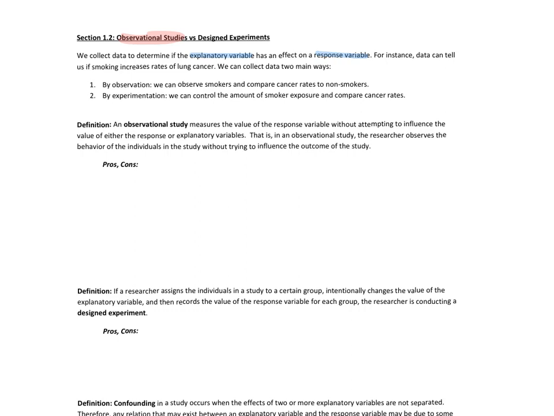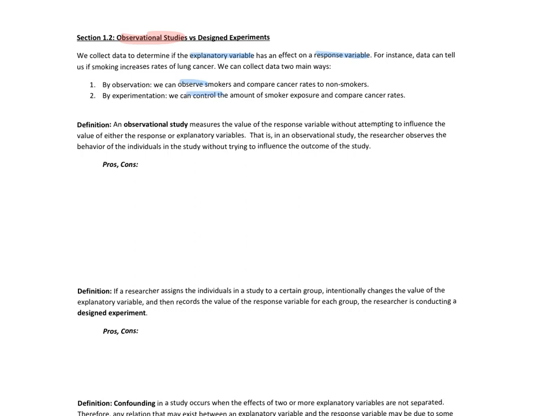And we can collect data in two ways. Observational studies, where we just observe smokers and compare cancer rates maybe to non-smokers, or by experimentation, when we control everything. We control the amount of smoke exposure, and then we compare the cancer rates.